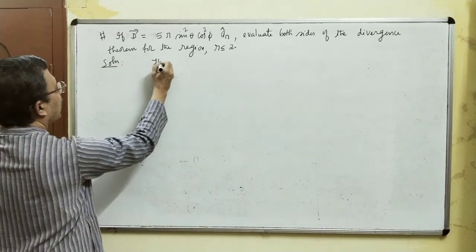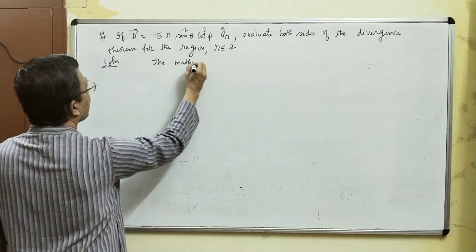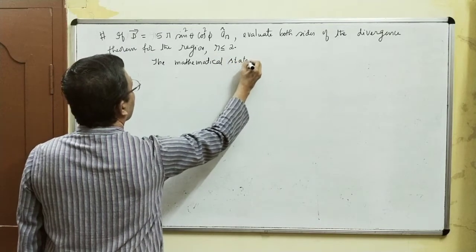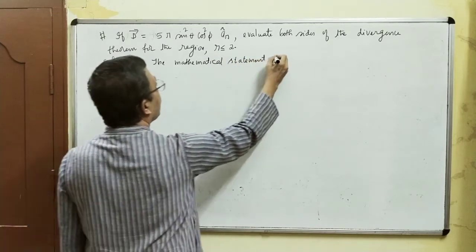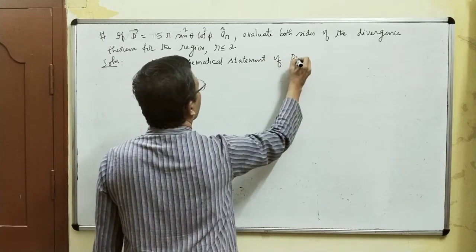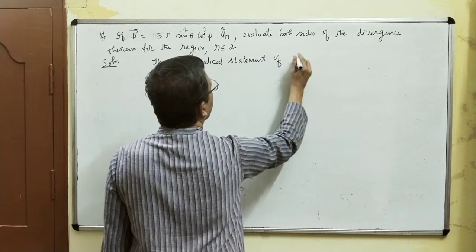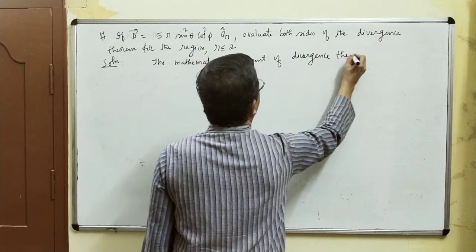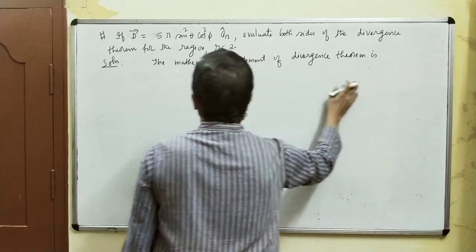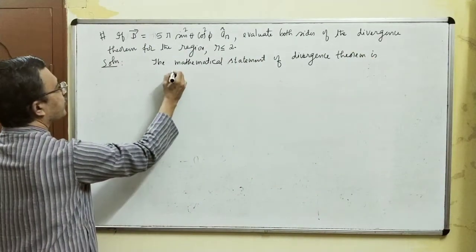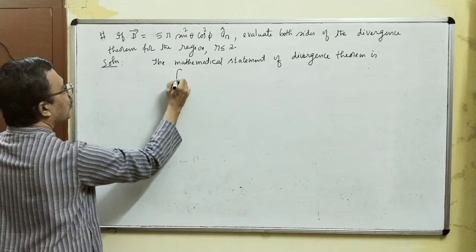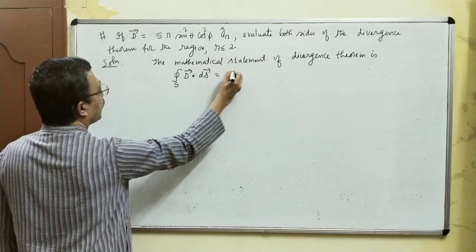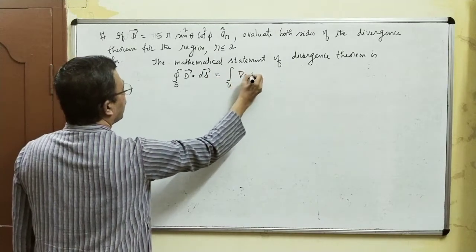The mathematical statement of divergence theorem is closed surface integral vector D dot ds is equal to volume integral divergence of D dv.